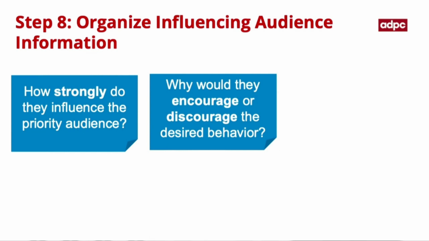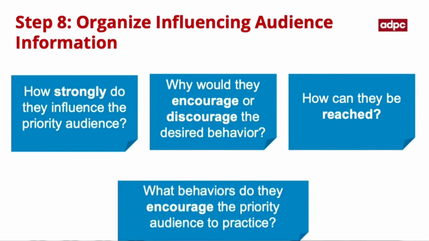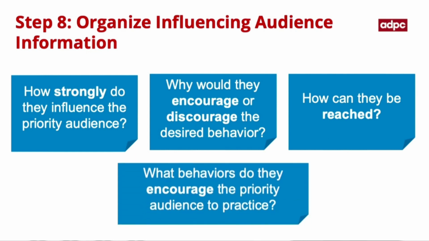Why would they encourage or discourage the desired behavior? How can they be reached? And finally, what behaviors do they encourage the priority audience to practice? Answering these questions can help you identify and target the most important influencing audiences.